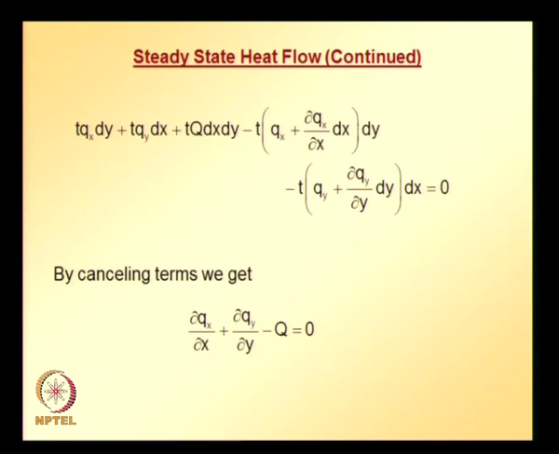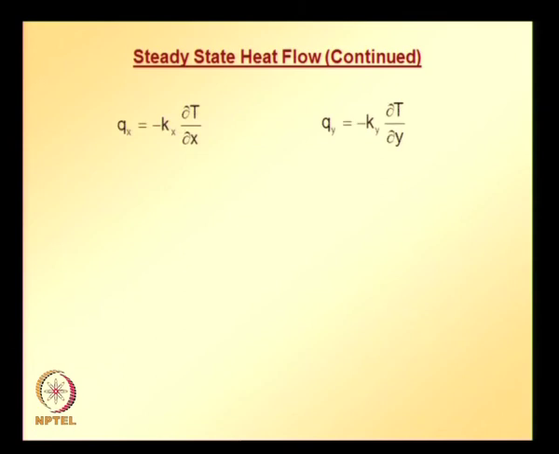we get this, and substituting the heat flux, that is Qx Qy, in terms of thermal conductivity coefficients along x and y directions. We know that Qx Qy are related to thermal conductivity coefficients through these equations.